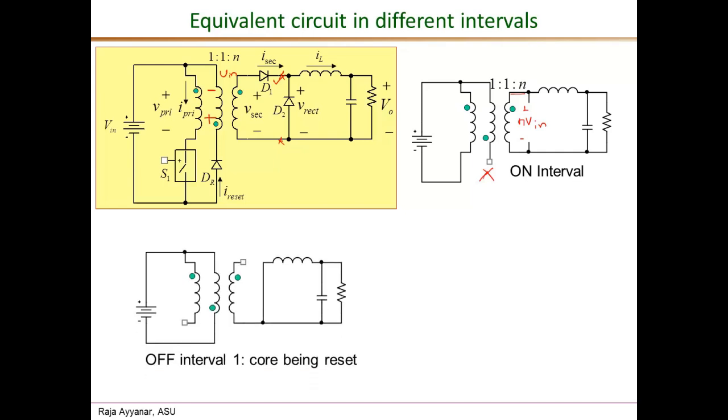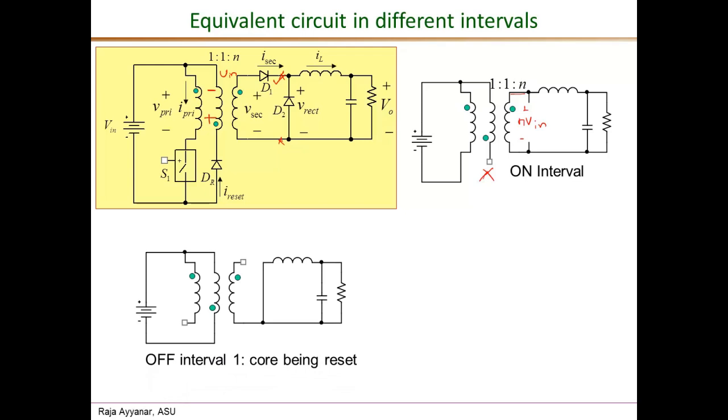The moment the switch is turned off, we enter the off interval 1. This is slightly different from the buck converter because we have 2 distinct intervals within the off interval. The first one is when the core is being reset. At the turn off of the switch we had the flux in the core at some value, which we call phi peak, and that is coming down, and this subinterval lasts till that flux reaches 0.